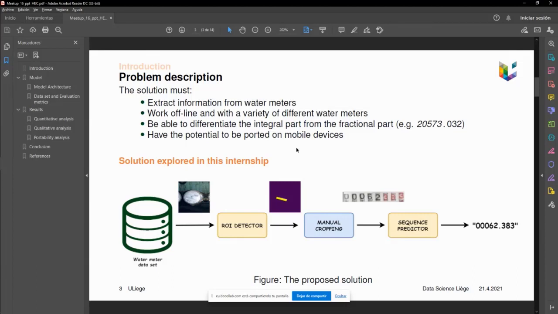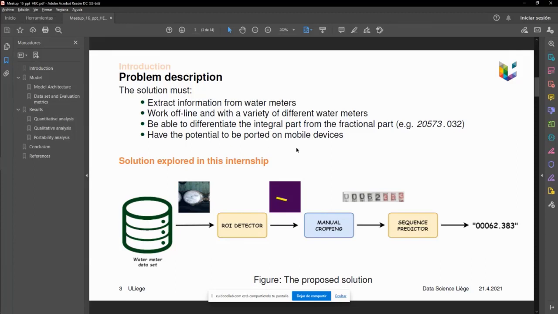Then those readings are passed through an ROI detector. Remember that word well, ROI, it means region of interest, because my colleague Sergio will emphasize a lot about it later on. And this ROI detector simply aims at detecting the portion of the images corresponding to the digits.